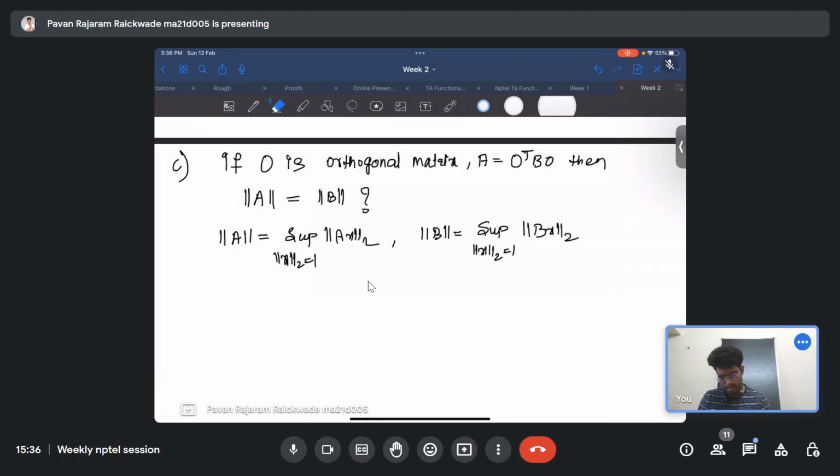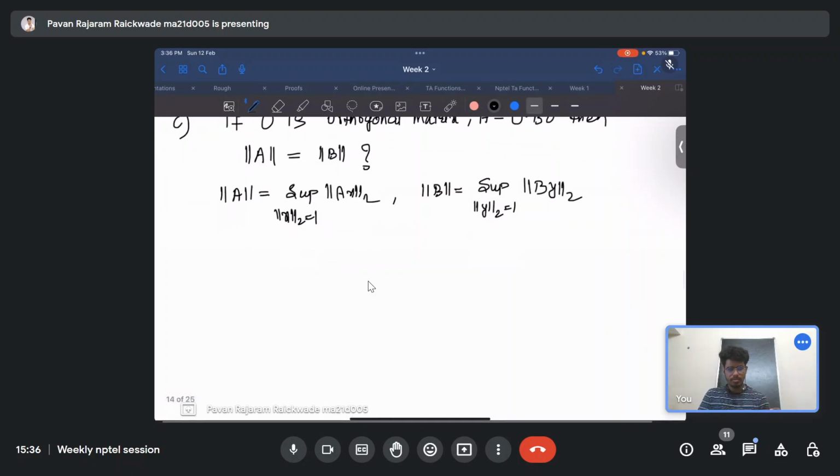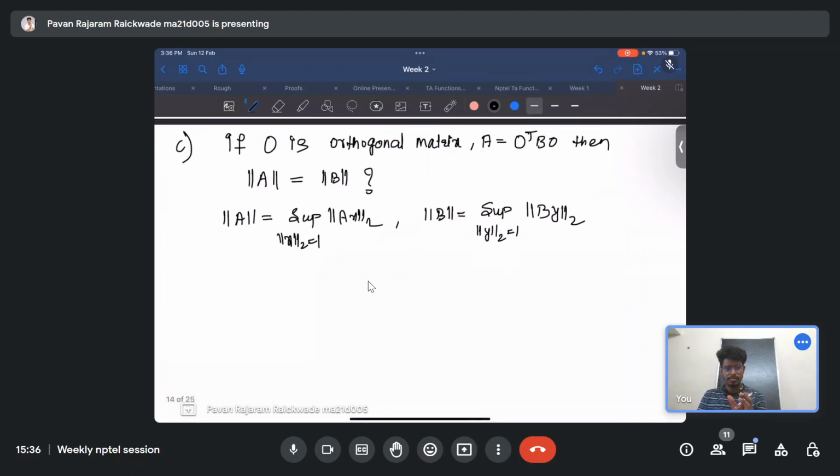They are not the same, but I want to prove that these two numbers are the same, like the supremum of certain elements here is the same as the supremum of certain elements here. These are two sets, and I'm claiming that the suprema of these two sets are the same. So if I show that the two sets are the same, then it clearly satisfies, right? The supremum is also the same.